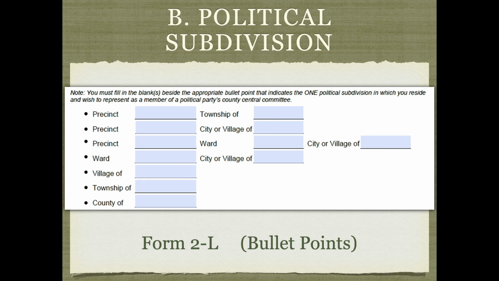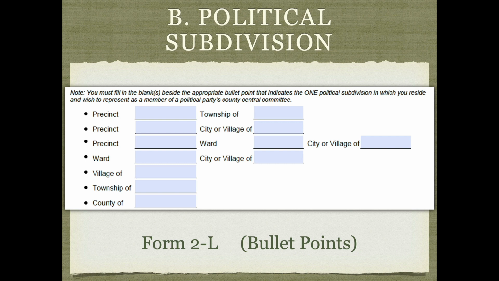If your county political party elects by city, ward, and township, use one of the next three bullet points. For Franklin County, if you live in Columbus Ward 5, use the fourth bullet point, Ward 5, City or Village of Columbus. If you live in the Village of Marble Cliff, use the fifth bullet point, Village of Marble Cliff.